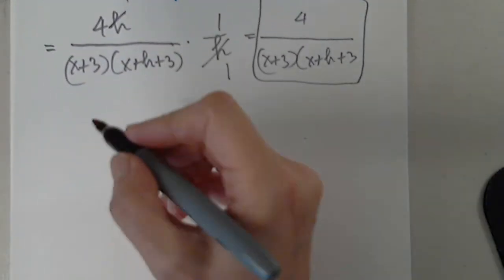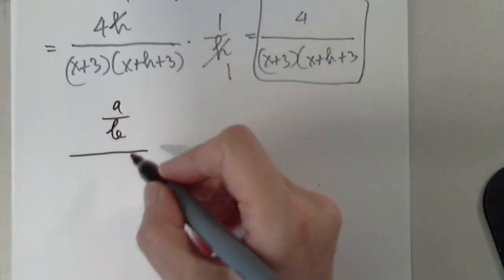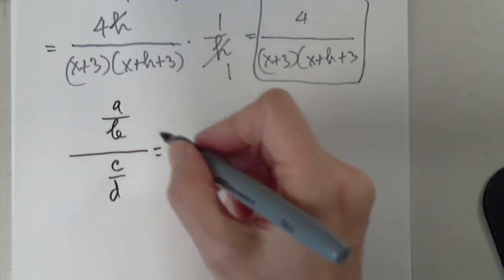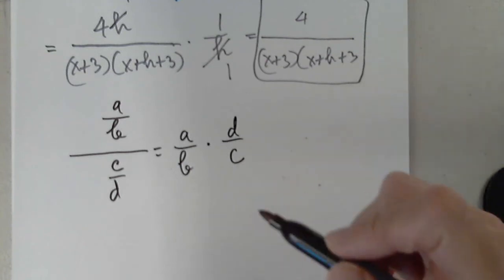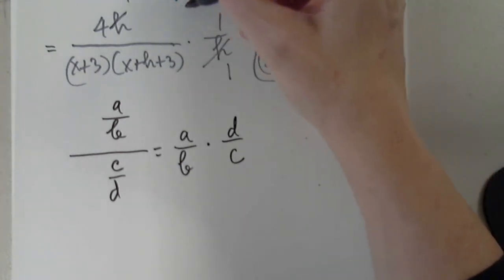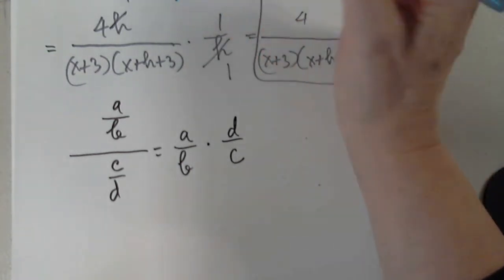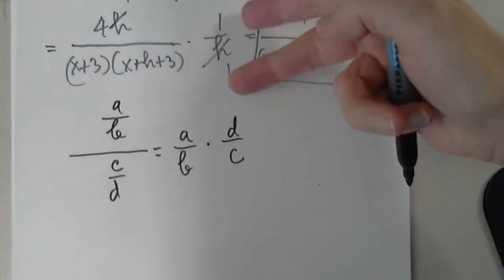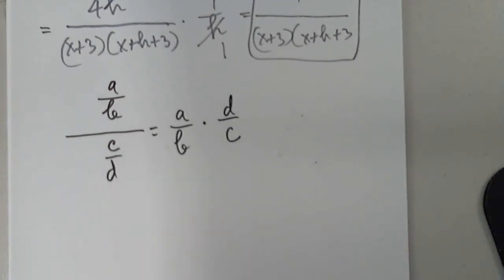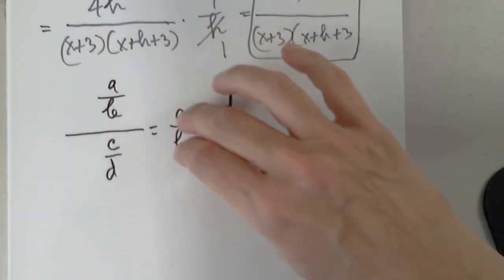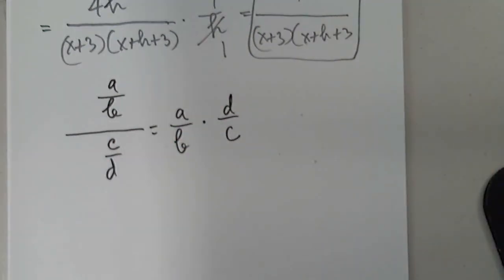If I have at the top a over b, and the denominator is c over d, I copy a over b and multiply by d over c. That's why I put it from the beginning as a fraction as h over 1, which is the same as h. So you can see why it becomes 1 over h. So this is division of fractions. Copy the top and multiply by the reciprocal of the denominator. It's actually the multiplicative inverse of the denominator.